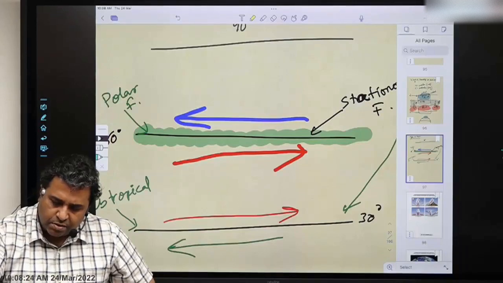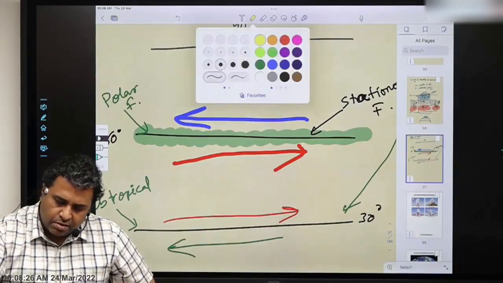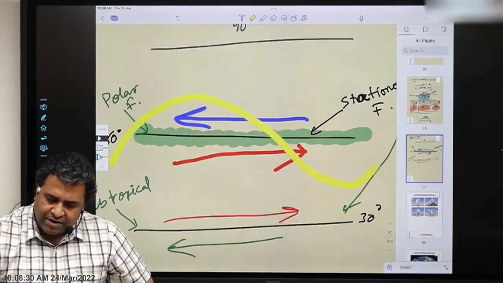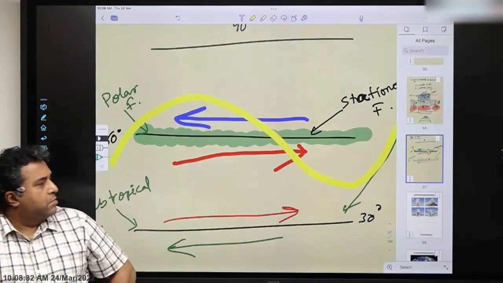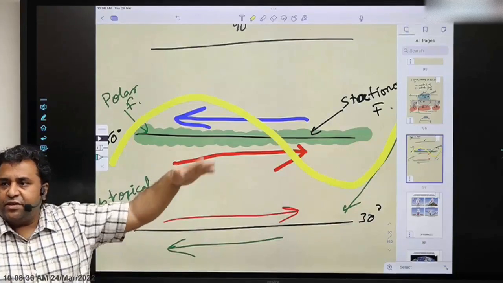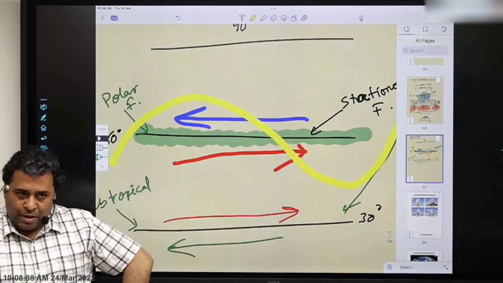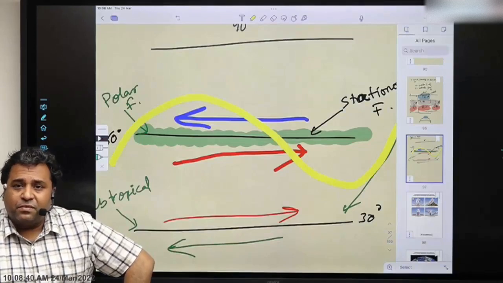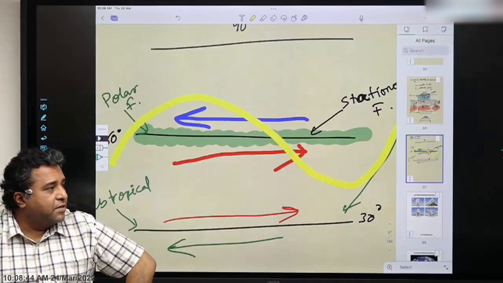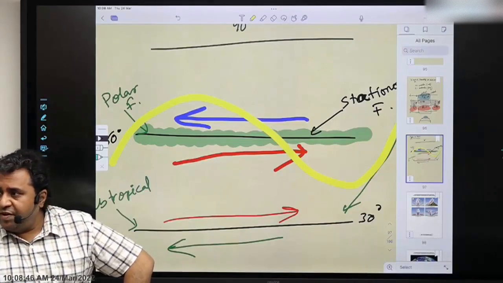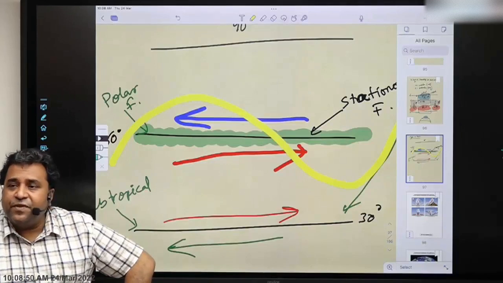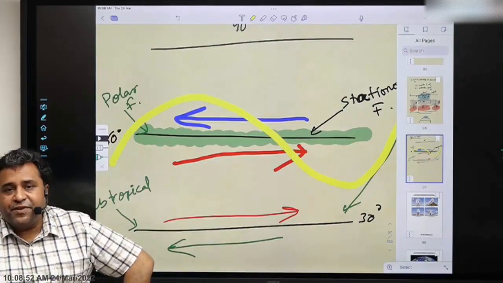So I hope everyone agrees that in the upper atmosphere we'll have a jet stream like this. Why is it made like a wave? Because jet streams wave. Yes, it waves north-south, we have studied that. So jet streams do wave, that's perfectly fine. So there is a jet stream like this. So on the surface you have the front and in the upper atmosphere you have the jet stream.